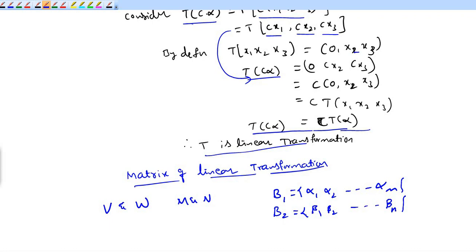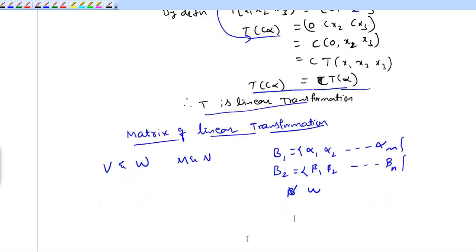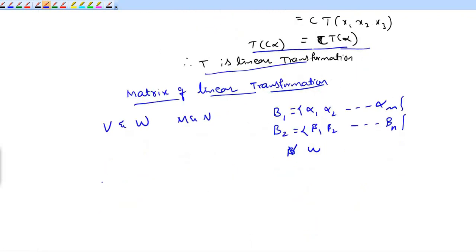These are the bases of the vector spaces V and W. Then the transformation T from V to W is a linear transformation.